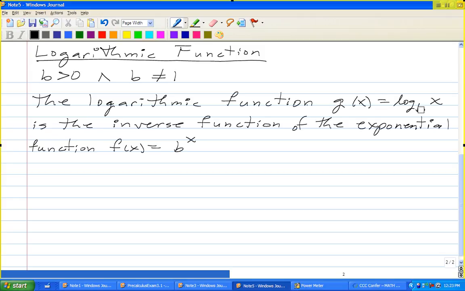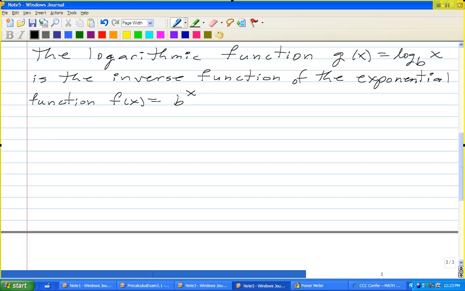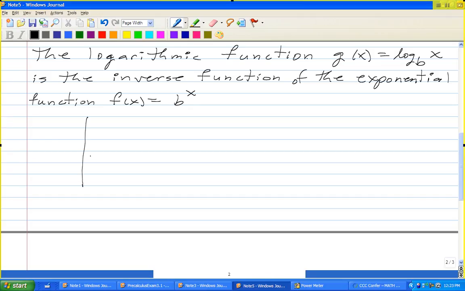Okay, let's look at the graph of the exponential function. So the graph of the exponential function looks something like this.